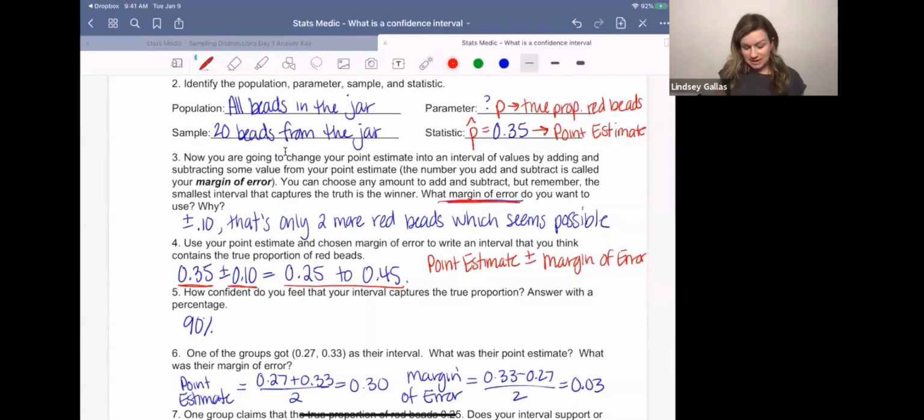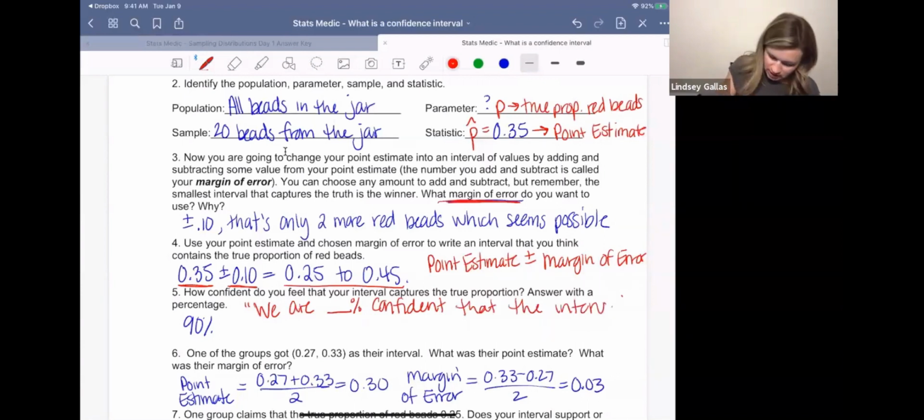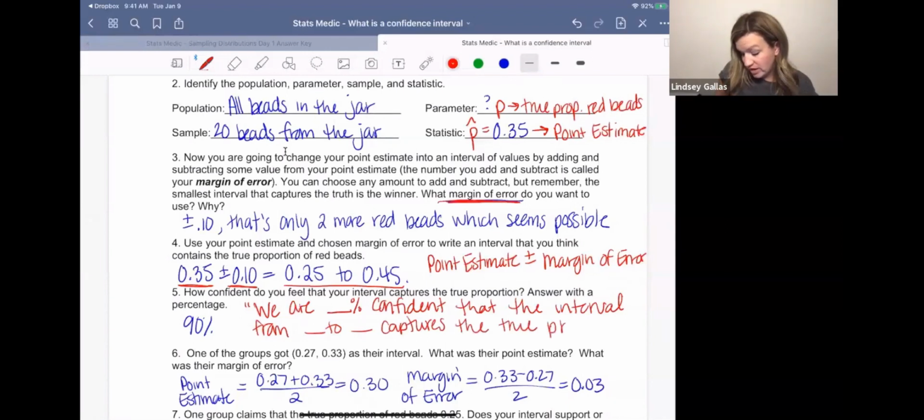So what I want to do next to this, in the space I have, is interpret that confidence interval using that percentage. I'm going to put it in quotes so I remember it's an interpretation. The way we're going to phrase this interpretation of a confidence interval is: we are blank percent confident that the interval from blank to blank captures the true proportion of red beads in the jar.